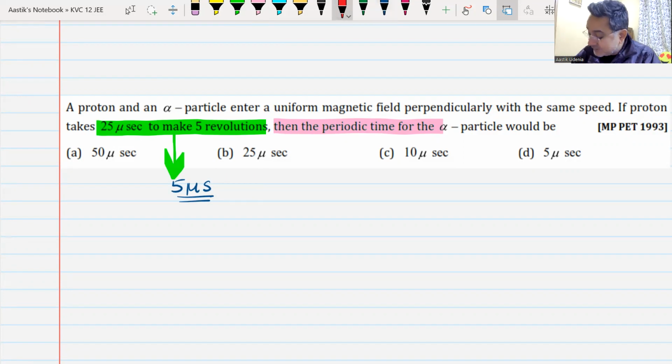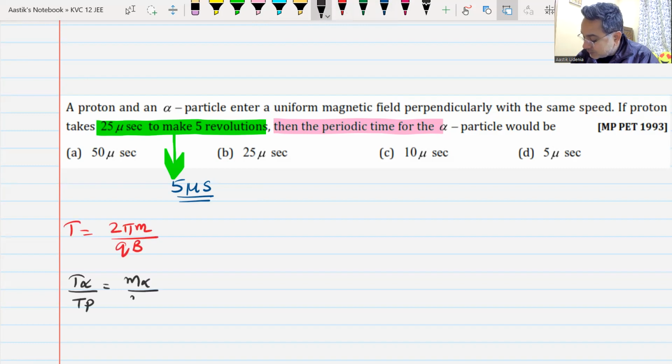Then we move ahead and write the formula for time period, 2 pi m by qb. I have to find the time period of the alpha particle. T alpha divided by T proton will be M alpha divided by M proton multiplied by Q proton divided by Q of alpha. So if you do this, you will get 2.